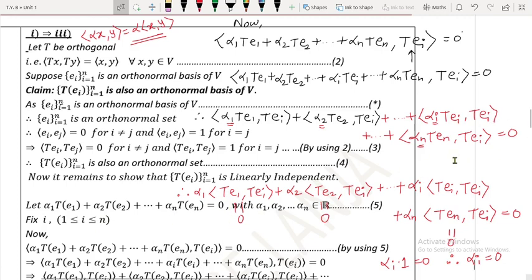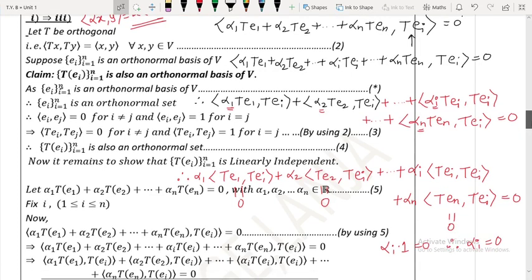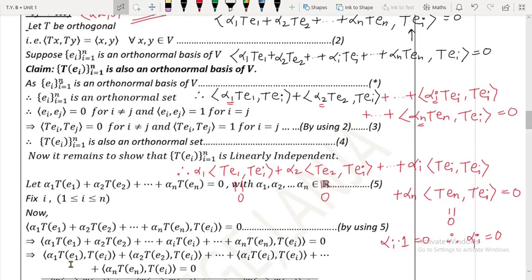So now let us vary this i from 1 to n. मग तसं जर आपण केलं, पहिल्यांदा जर i ची किंमत 1 घेतली तर आपल्याला अल्फा 1 0 भेटणार, नंतर i ची किंमत 2 घेतली आपण तर अल्फा 2 0 भेटणार, आणि जर i ची किंमत n घेतली तर अल्फा n पण 0 भेटणार. So indirectly what we have proved, this alpha 1, alpha 2 and alpha n all are 0. So therefore what we can say, this set is linearly independent. So that is what I have written in the next step.